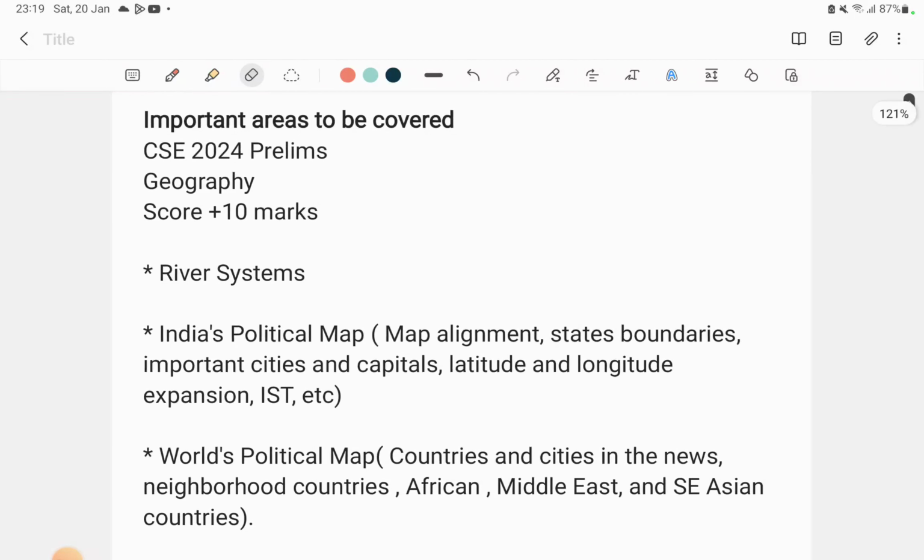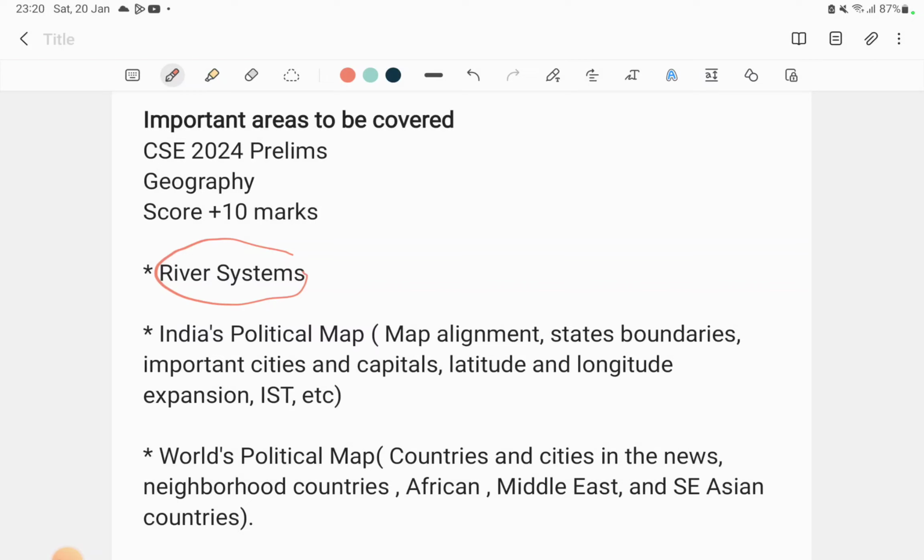Why is this important? You will see at least one question on rivers in every year's prelims GS paper. They can ask you about rivers, their left bank tributaries or right bank tributaries, or you should have a bare idea about rivers and in which states they lie.